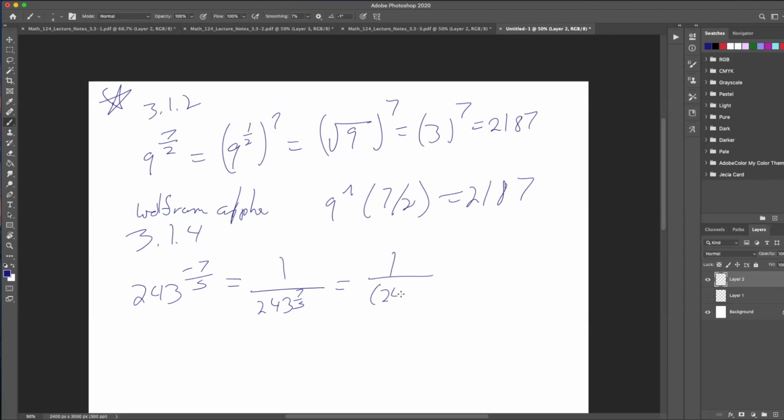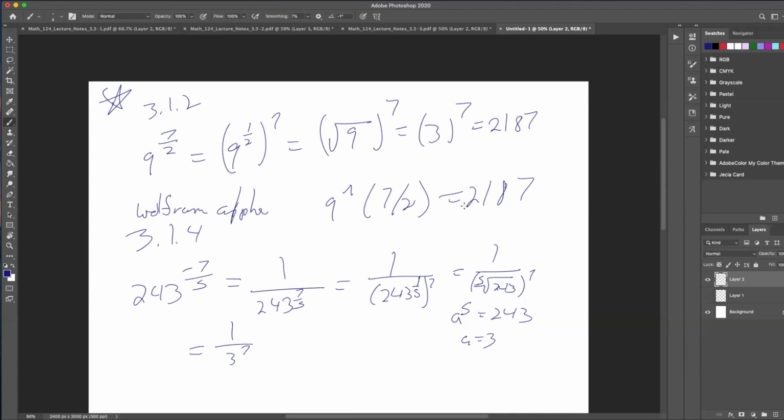Here I'll have 243 to the 5th to the 7th, which is 1 over the 5th root of 243, which is 7. So the 5th root, so what to the 5th equals 243? You'll find out that it's 3. So this gives us 1 over 3 to the 7th power.